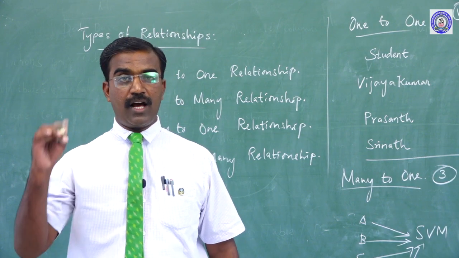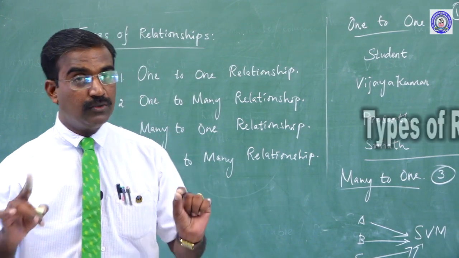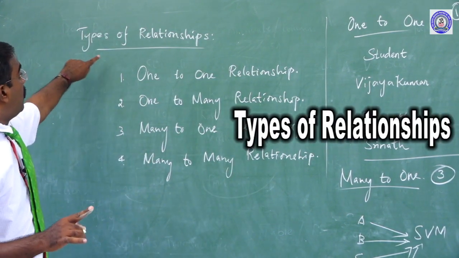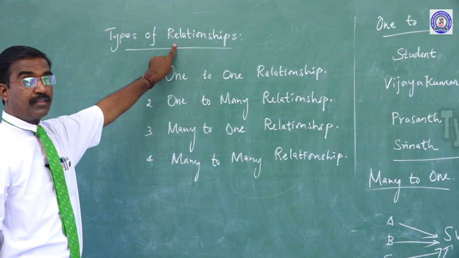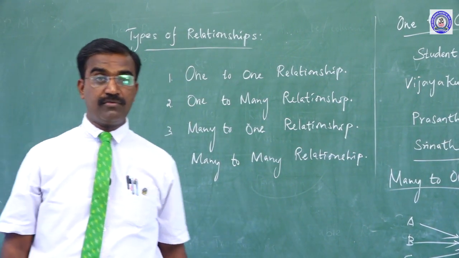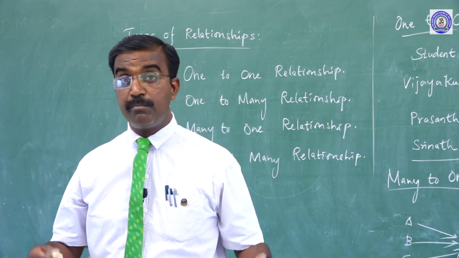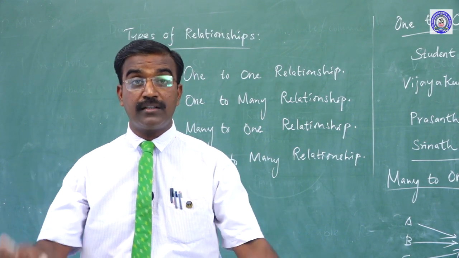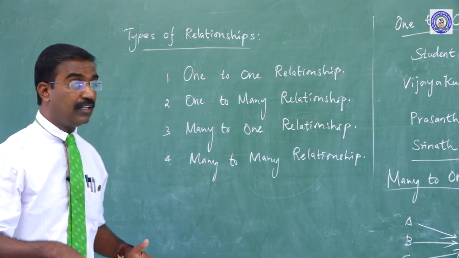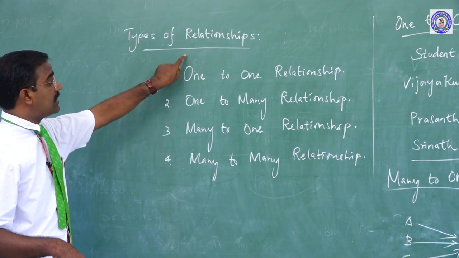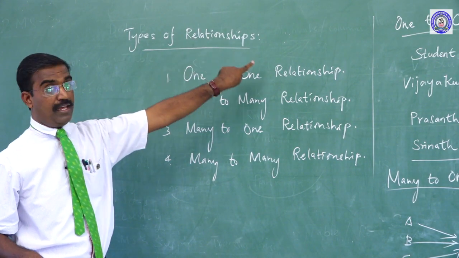Okay, children, now can I say about types of relationships? Yes, in our natural life, maintaining relationships is very important. But here, what are the types of relationships in a database?